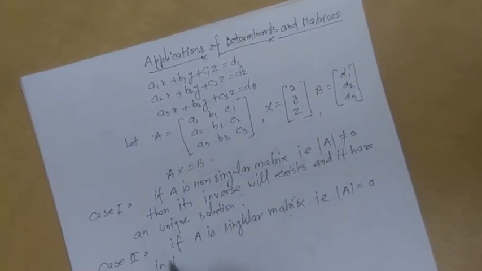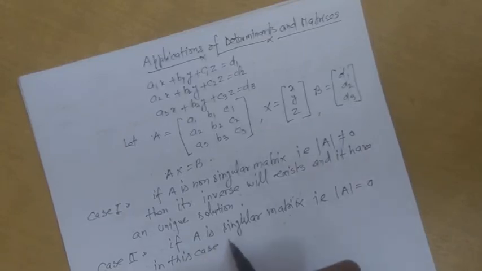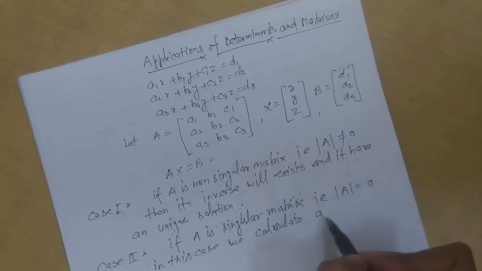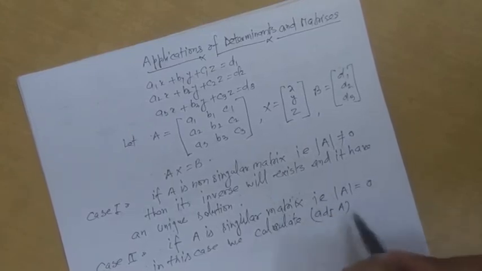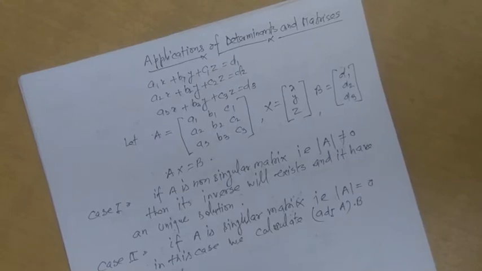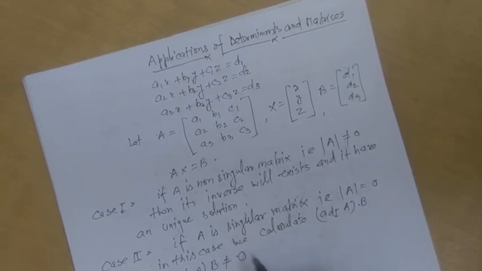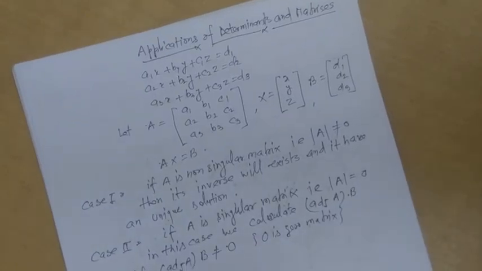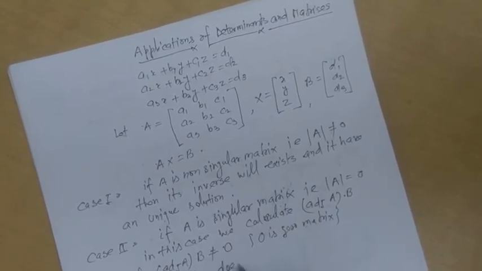In this case, we calculate adjoint of A multiplied by B, and if adjoint of A multiplied by B is not equal to O, where O is the zero matrix, then the solution does not exist.